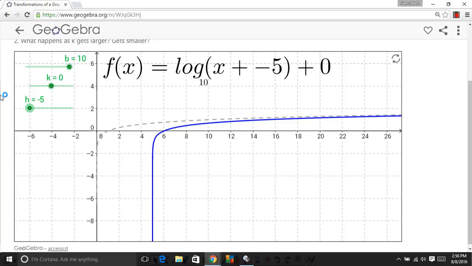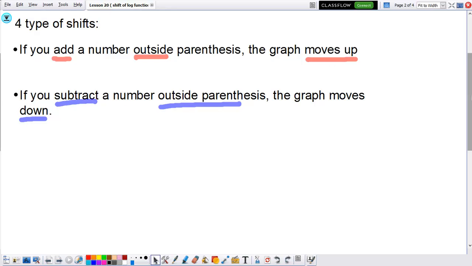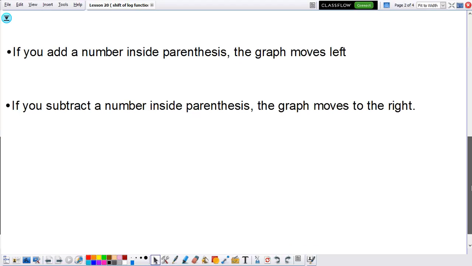So those are the 4 shifts that I was speaking of in the main idea of the lesson. So let's go back. We know that if it's outside, you move up if you add. If it's outside, you move down if you subtract. And just like we saw in the presentation, if you add a number inside, the graph is going to be moved to the left.